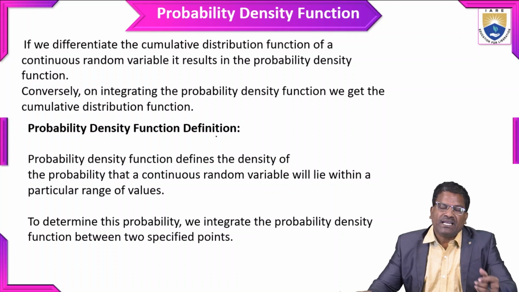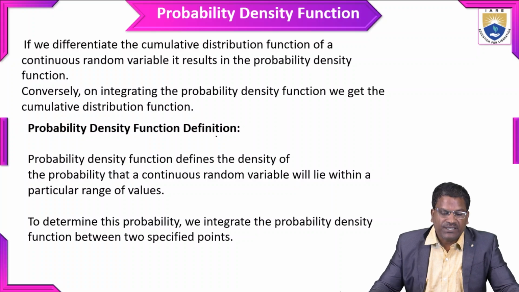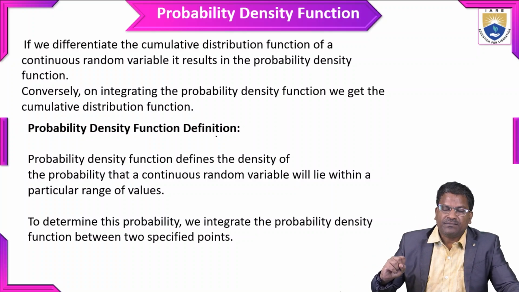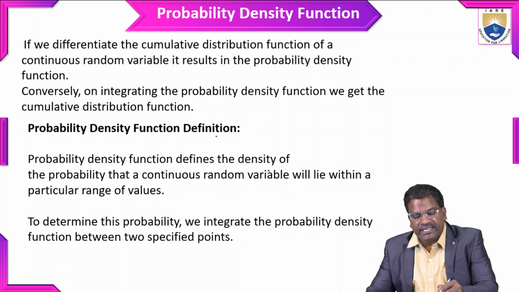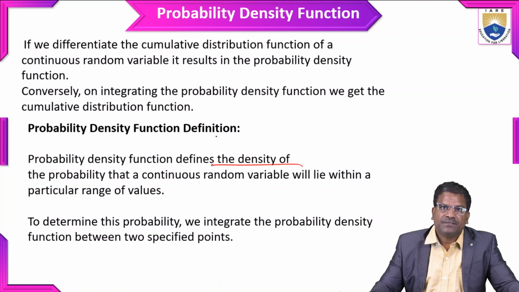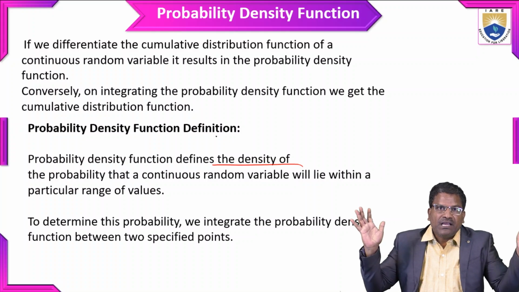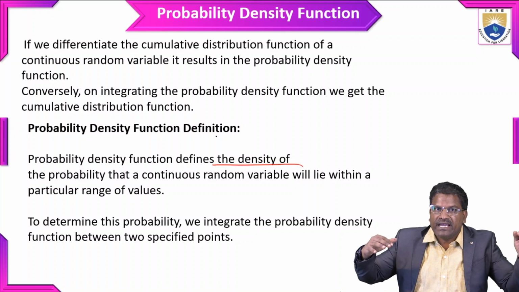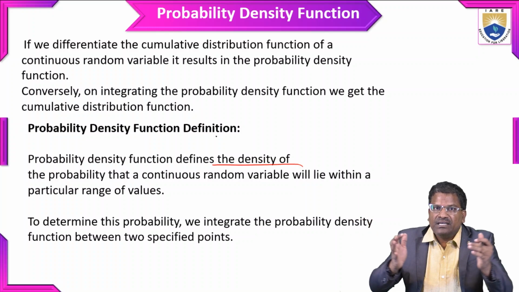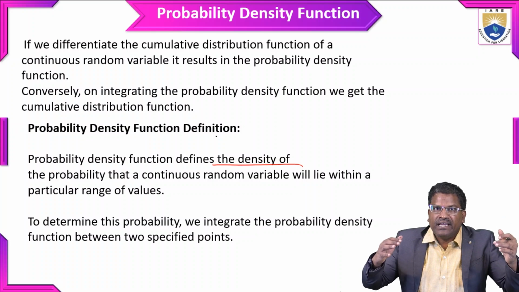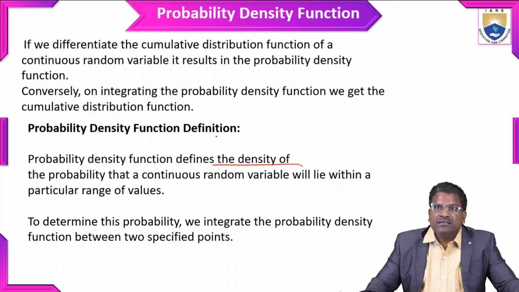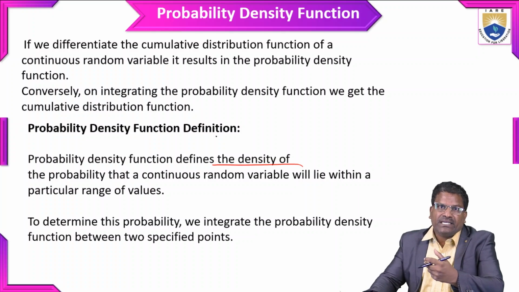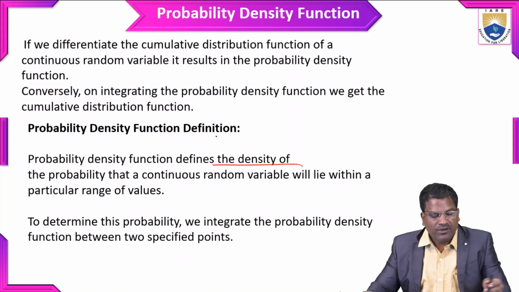Now, mathematically, let us define the probability density function. The probability density function defines the density of the probability that a continuous random variable will lie within a particular range of values. Why? A continuous random variable always lies in a particular range, in an interval. That's why the probability density function also shows its density for a particular range of values.